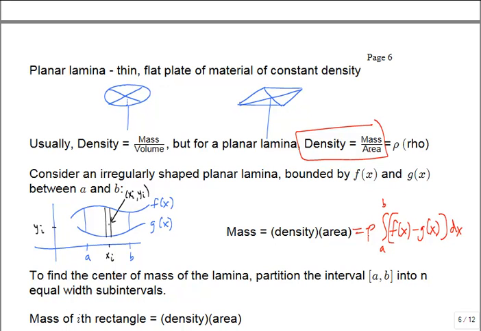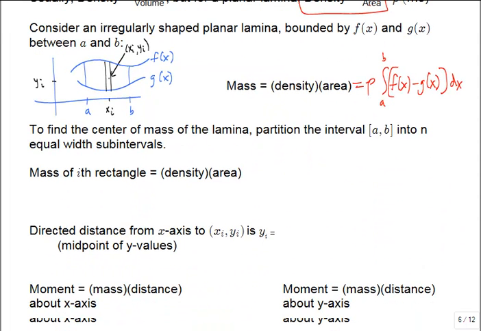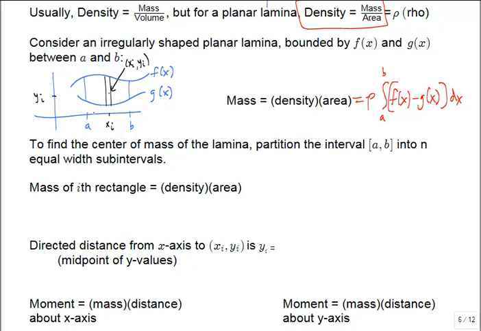So there's our density times our area, and that is now our mass. Now to find the center of mass of this lamina, we're going to partition this interval a to b into n equal width subintervals. So here's a little slice right here in black.